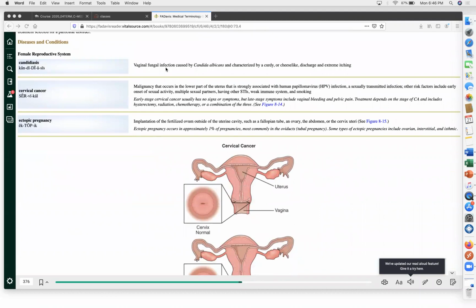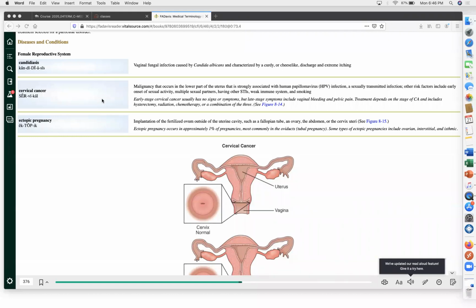Candidiasis, it's a vaginal fungal infection, Candida albicans. You'll have a white cottage cheese-like discharge. You'll also notice that in pathology, they always use food descriptors to describe things. It's kind of gross, but it's a great way to remember it.